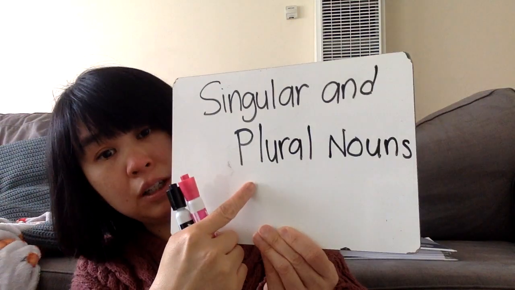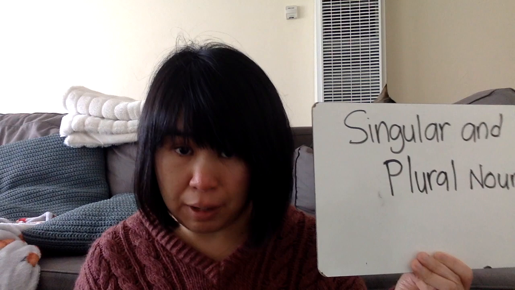If I was talking about my cat, I have one, so it's singular. If I was talking about my phone, I have one, so it's singular. Good.